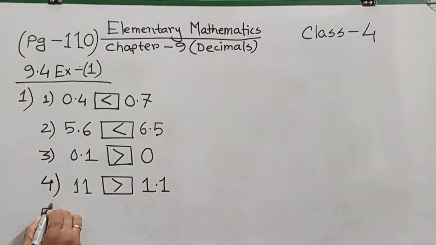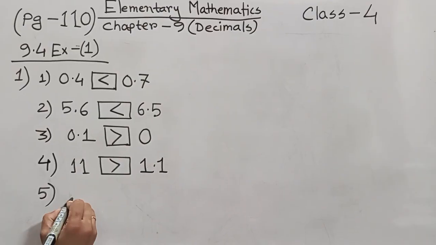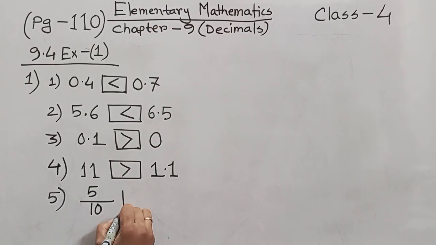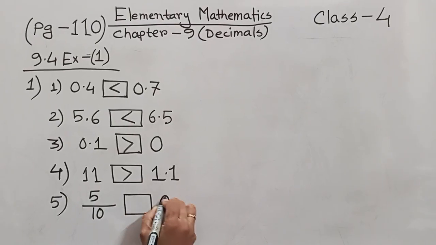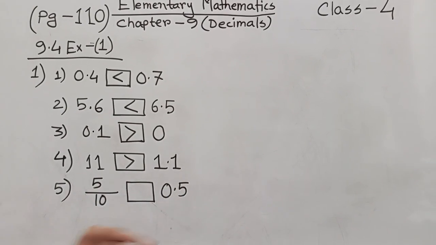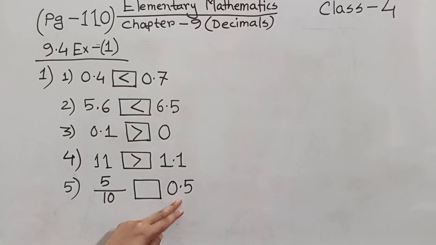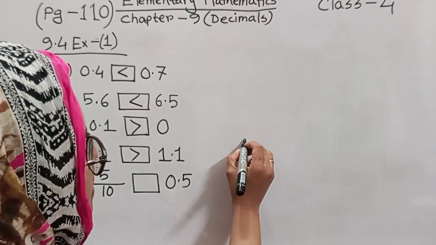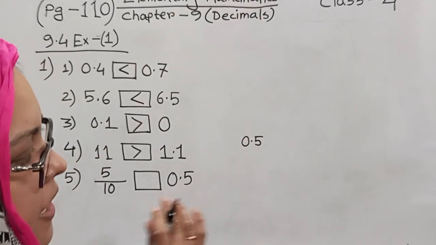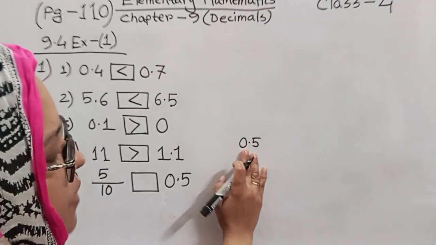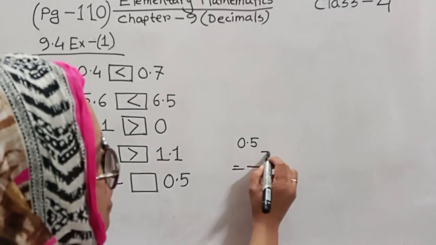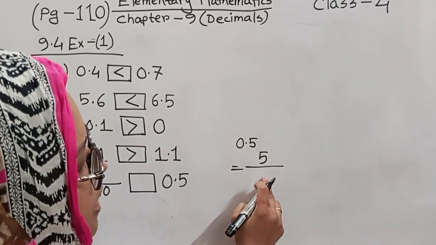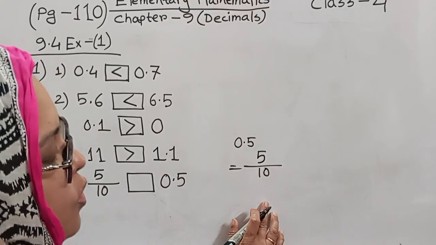The next one, number 5, it is given 5/10, blank space, 0.5. So here, if we want to remove the decimal point from this decimal number, suppose 0.5 is a decimal number, we can write the numerator will be 5 and the denominator will be 10. Do you know why?